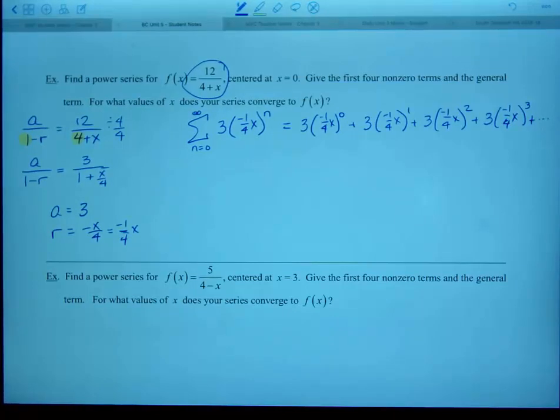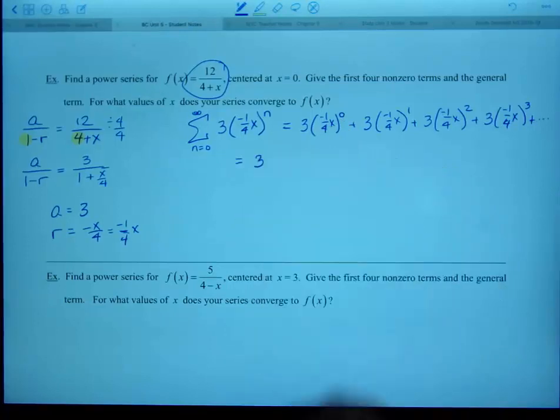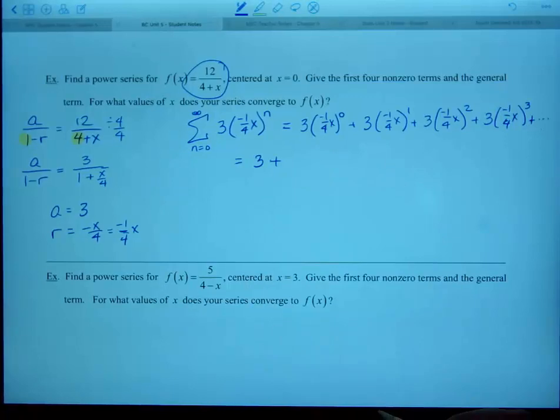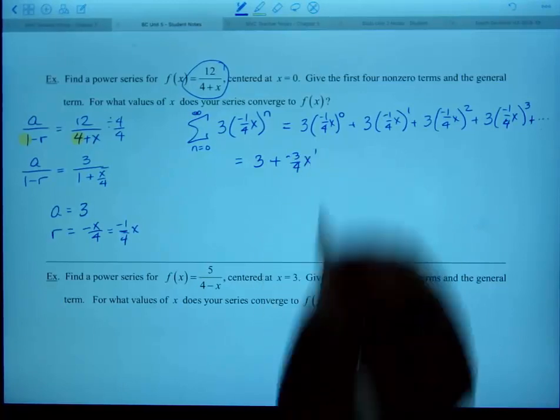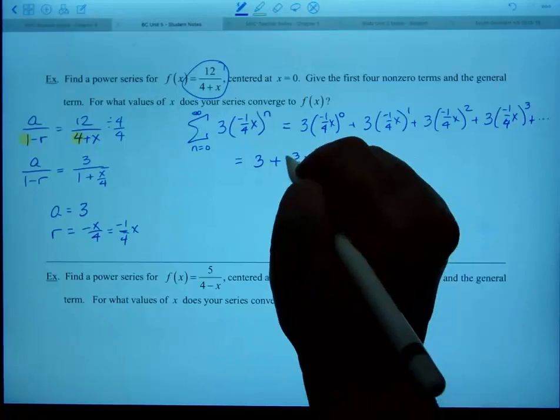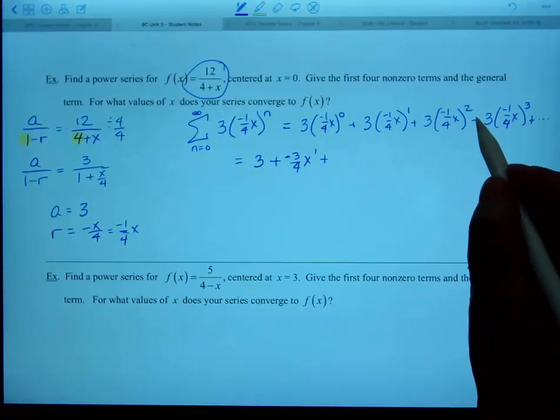All right, equals. So, what does the first term clean up to be? Anything to the 0 power is 1, so that's going to be 3. Plus, what is 3 times negative 1/4? Negative 3/4 X to the first. Plus, now I have to square the negative 1/4 first and then multiply by 3.